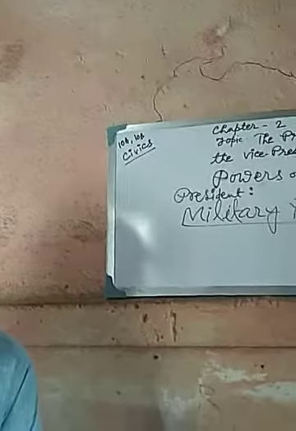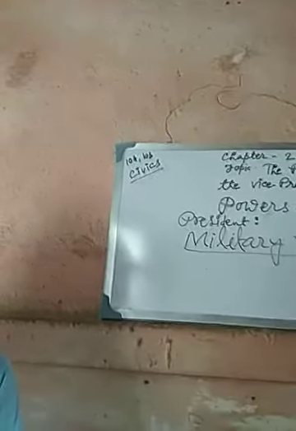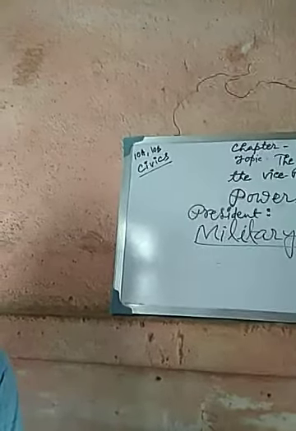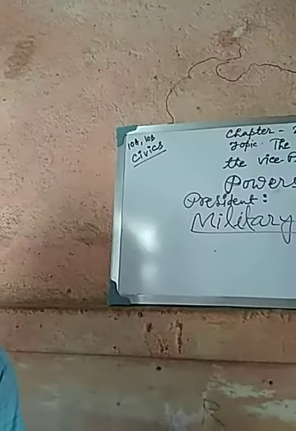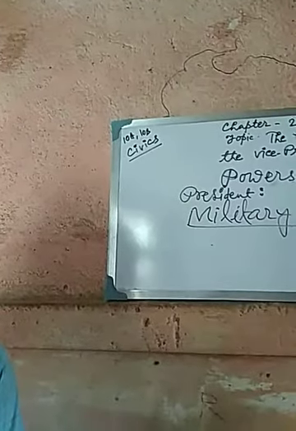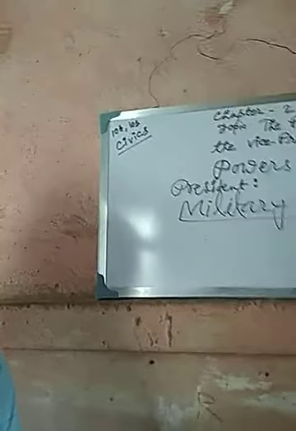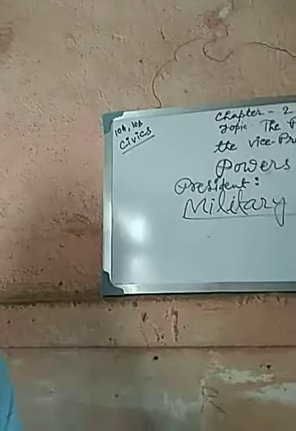So don't mix up executive power and diplomatic power, or military power and diplomatic power. Learn it properly and notice it perfectly: which one is military power, which one is executive power, which one is diplomatic power of the President of India. You have to notice it very carefully.